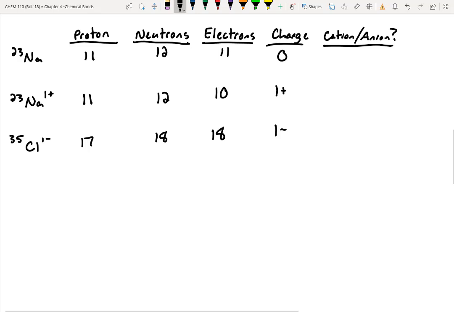All right, so the top one, is that a cation or anion? Or neither? I'd say neither. It doesn't have a charge. All right, what about sodium 1 plus? Cation. And like I said, that T in there looks a lot like a plus sign. And that must mean that chlorine down here must be an anion.